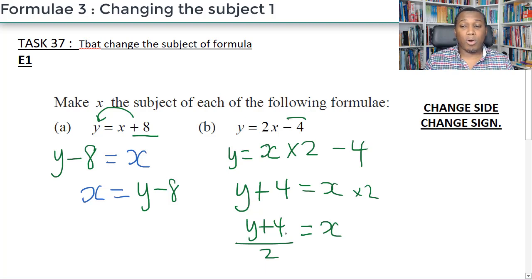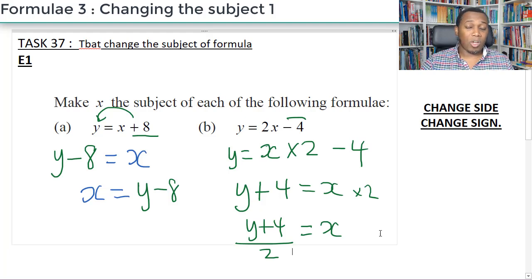In this two-stage process, we change the subtraction to addition, and we change the multiplication to division as it moved onto the left-hand side. The -4 on the right became +4 on the left. Multiply by 2 on the right became divide by 2 on the left.